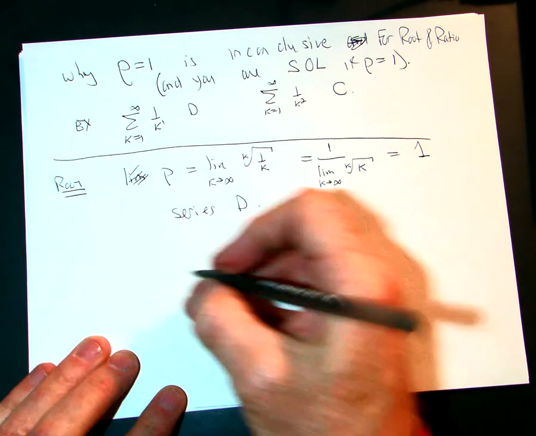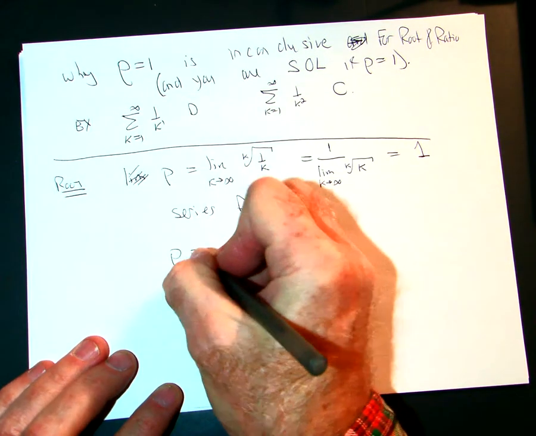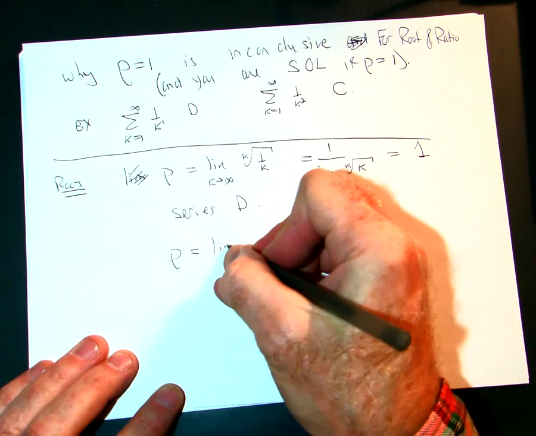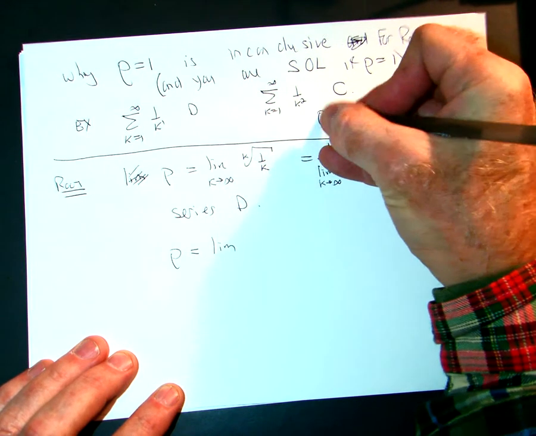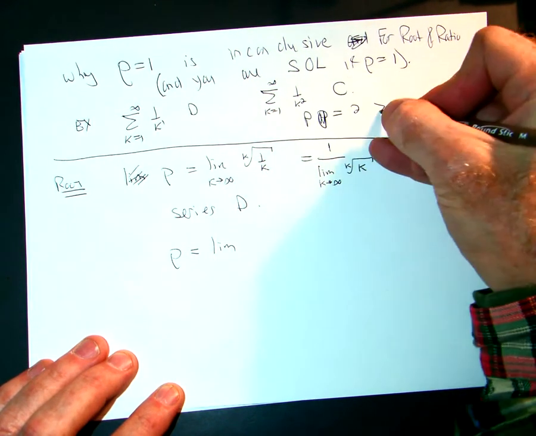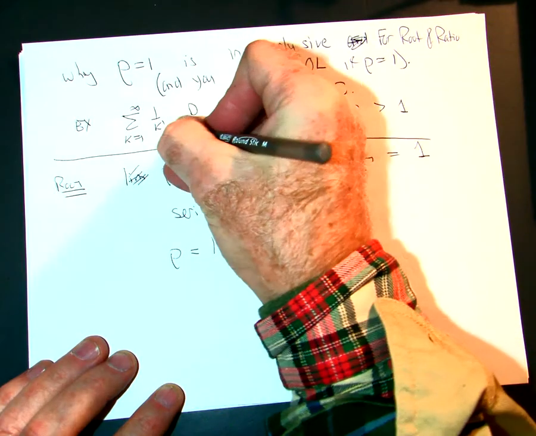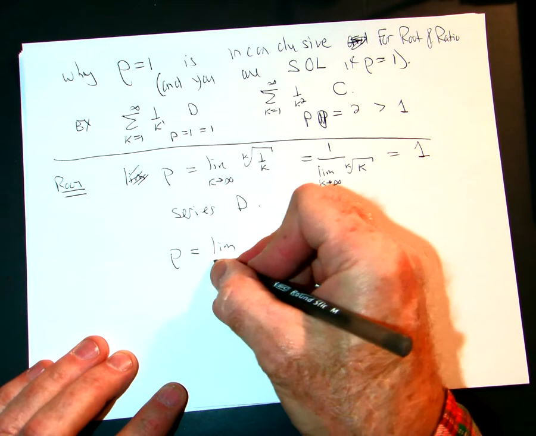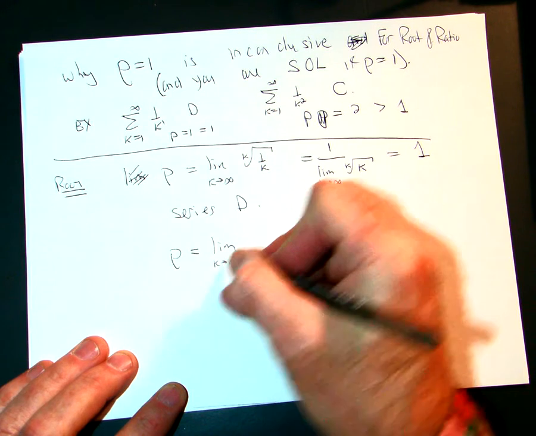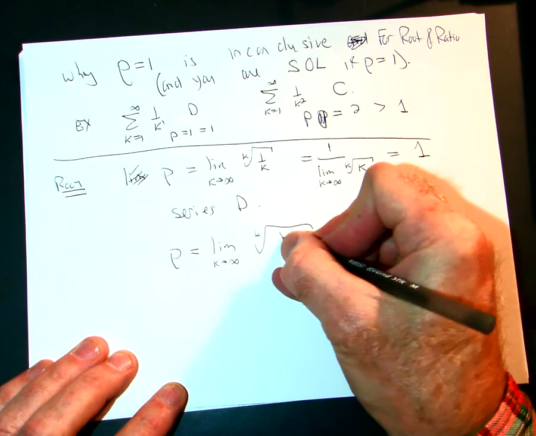Okay, so now we'll do the rho for this one. This is a convergent series, that converges since p is 2, greater than 1. Here p is 1, which is equal to 1. So that's how we get divergence. So here the limit as k goes to infinity of the kth root of 1 over k squared.